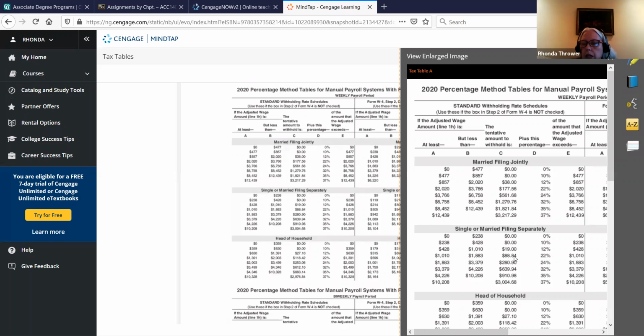Students find this difficult. So what I've done is I've created an Excel spreadsheet to show you how they calculate the taxes on each one of these employees. I will see if I can share that with you.